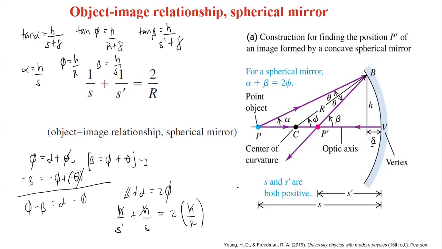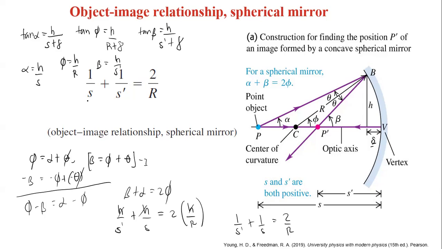So we have this relationship: 1 over s plus 1 over s prime is equal to 2 over r.